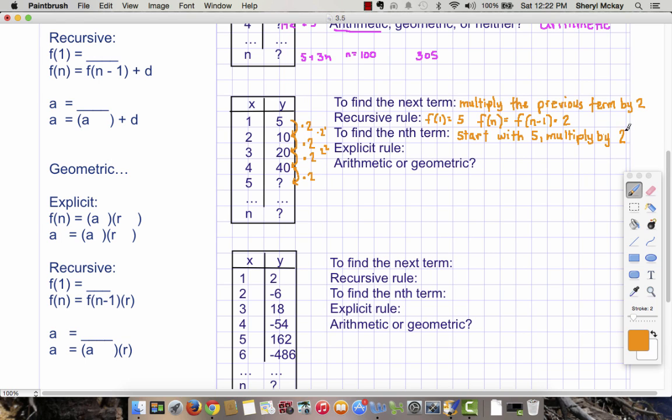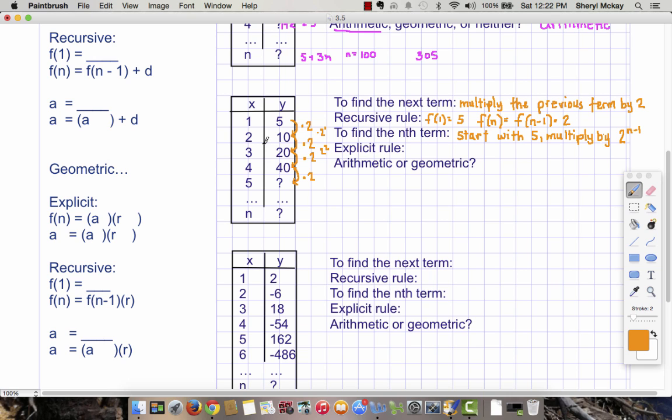So we're going to multiply by 2 to the n minus 1 power. We don't multiply it by 2 to the n power, because if we did, for term 1, we would get 5 and we would have ended up with 10. So that doesn't quite work. So we're actually multiplying it by the power of 2 that's 1 less than the n.